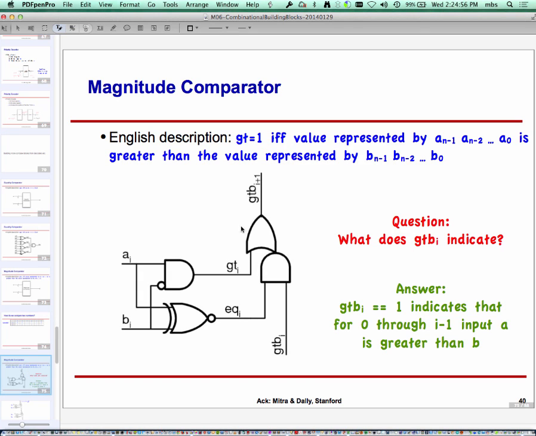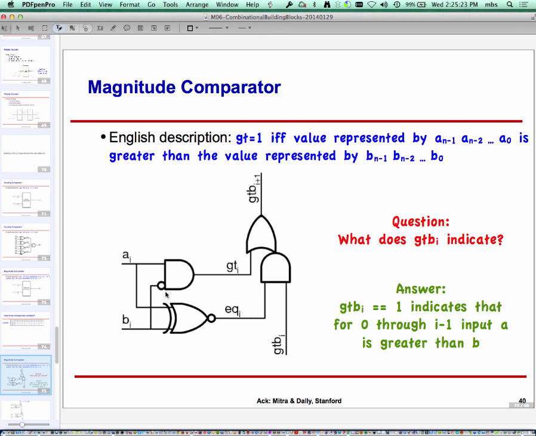So in this case, GTBI is going to say that bits 0 through I minus 1 indicate that A is the winner. And if A is equal to B for this bit, we will just pass this through. If on the other hand A is greater than B out here, then we are going to force it to be 1 out here.